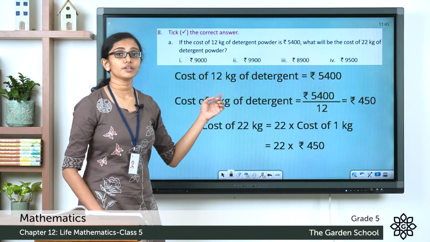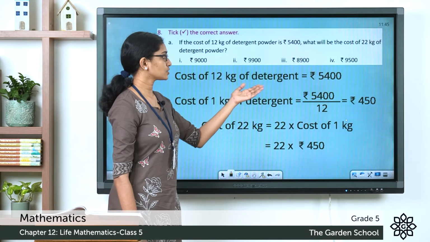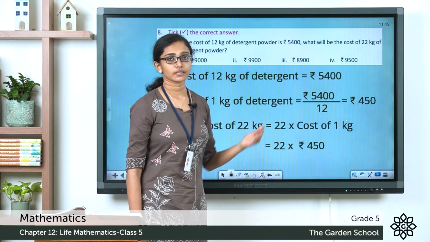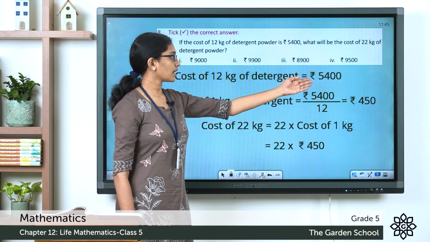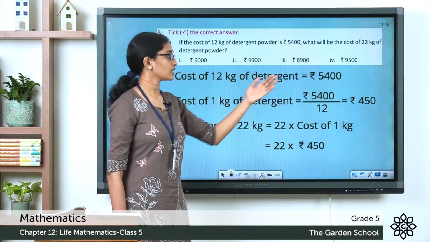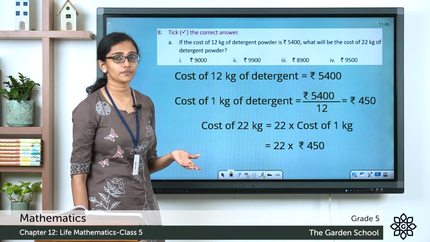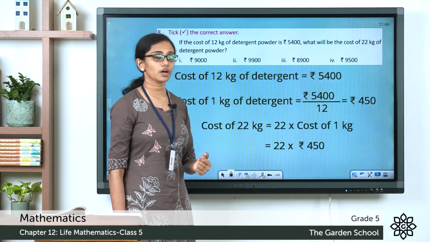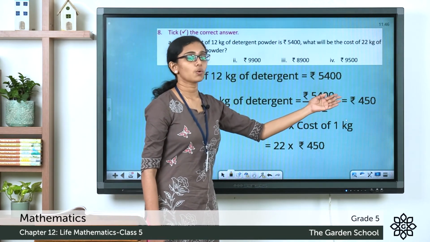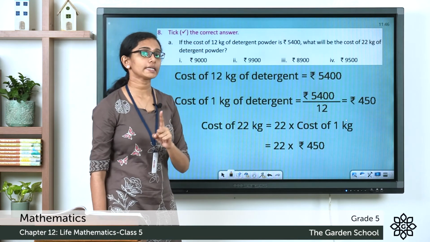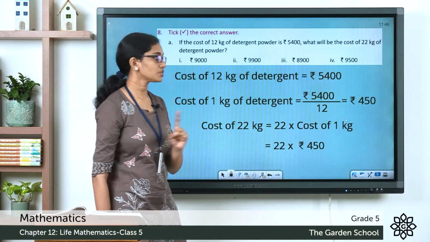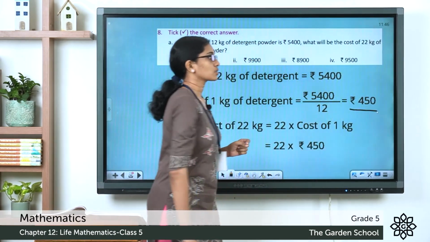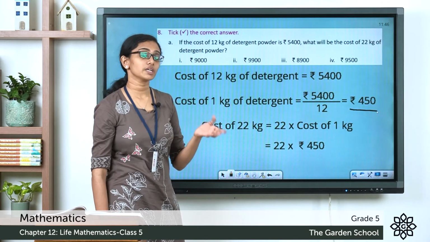The cost of 12 kg of detergent is equal to rupees 5,400. So the total value is rupees 5,400. And the cost of 1 kg of detergent is rupees 5,400 divided by 12, which is equal to 450 rupees. So 1 kg of detergent will cost 450 rupees. So what is the cost of 22 kilograms?